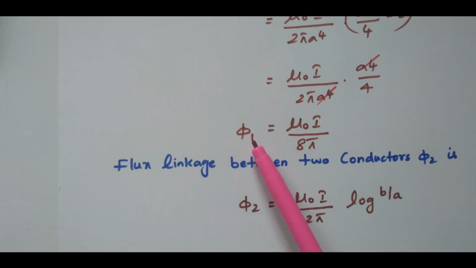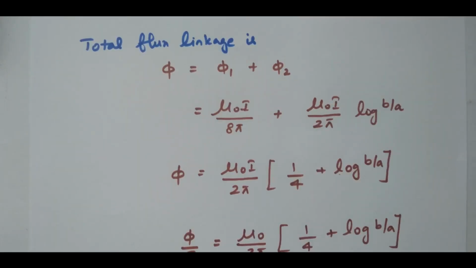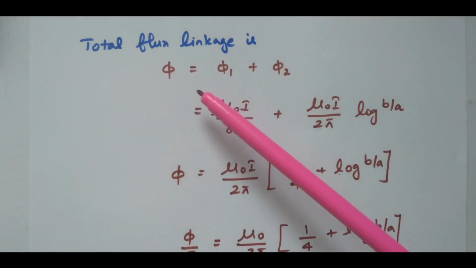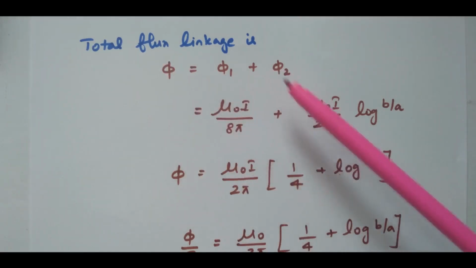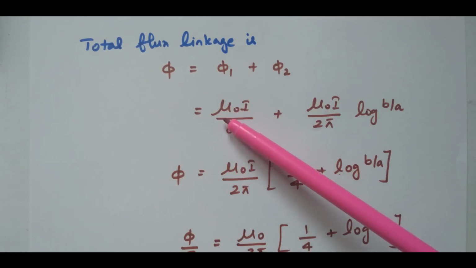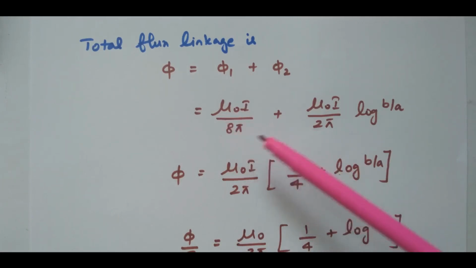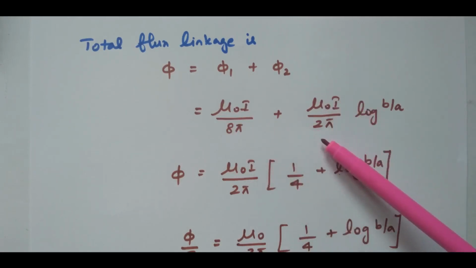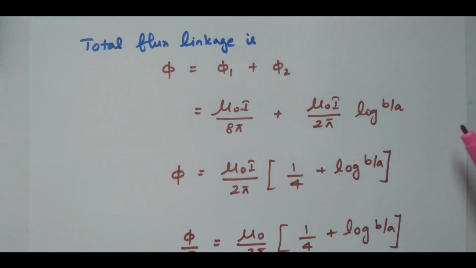So now we got the two values, φ1 and φ2. φ1 due to the solid conductor alone, φ2 between the two conductors, right? Now we'll go to the total flux. Total flux is φ1 plus φ2. So the total flux equal to φ1 plus φ2, that is mu naught I divided by 8 pi plus mu naught I divided by 2 pi log B by A, right?